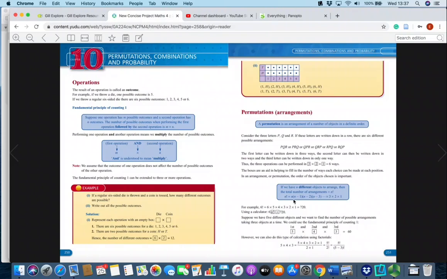In general maths notation, n factorial is n, which is the number we start with. Take 1 away from it, n minus 1. Next number, go down 2, n minus 2. Third number, go down 3, n minus 3, and so on and so forth, until you get towards the end by 3 by 2 by 1.